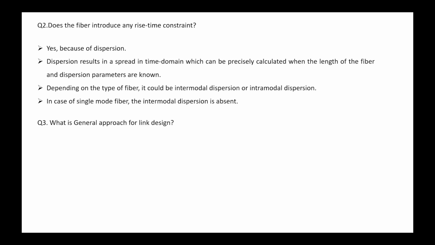So what is the T modal in that case? Sir, I have one doubt. If you read the previous class you attended, what is the value of the T modal, the time due to the intermodal dispersion?